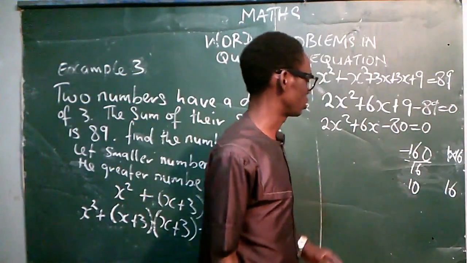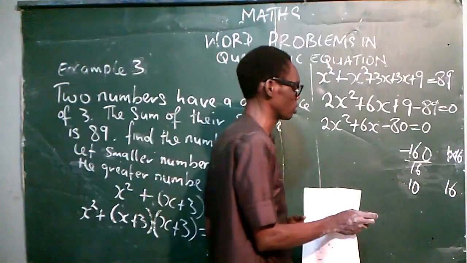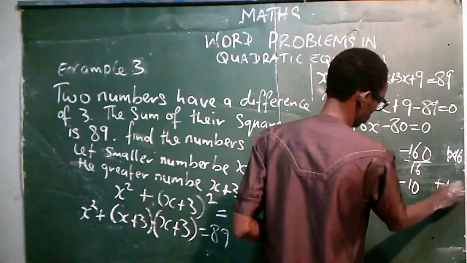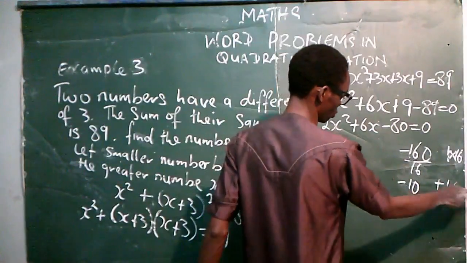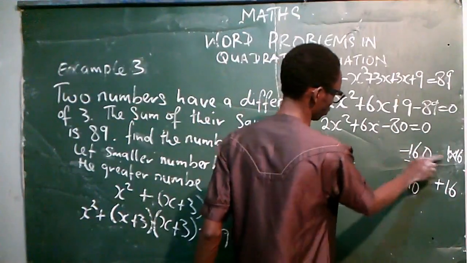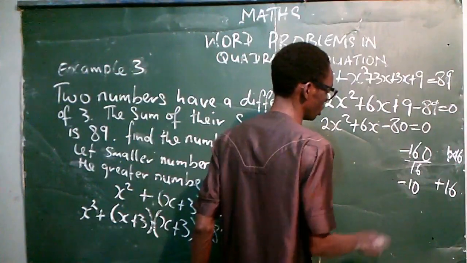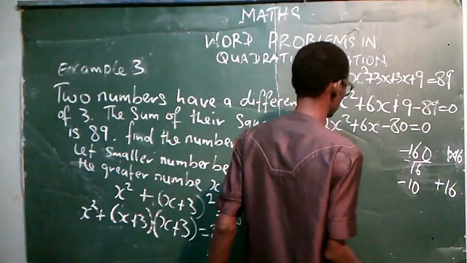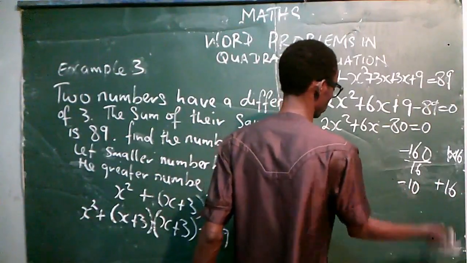16 minus 10 will give me 6. So here will be minus, here will be plus. Minus 10 times 16 will give me minus 160, and minus 10 plus 16 is 6.